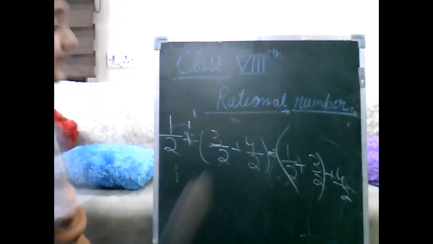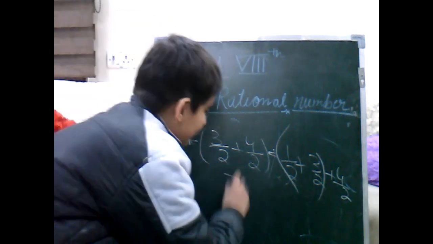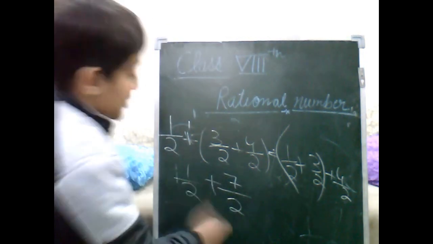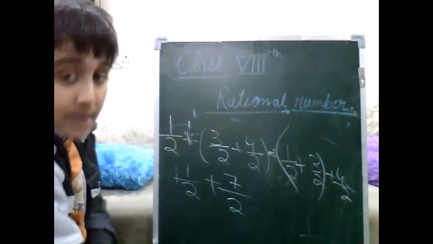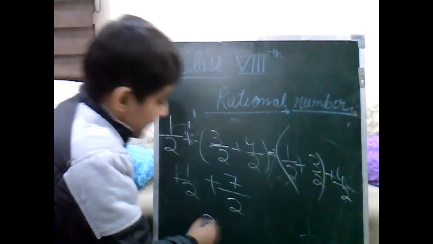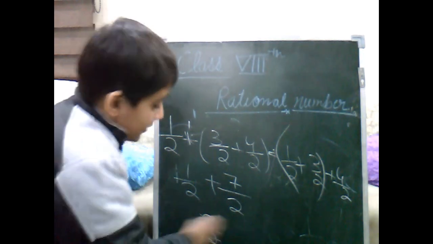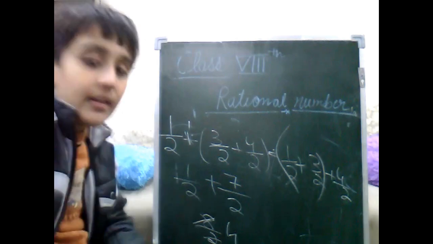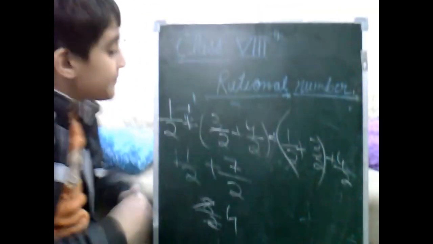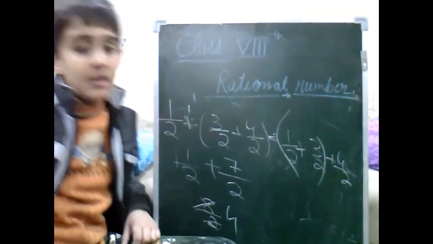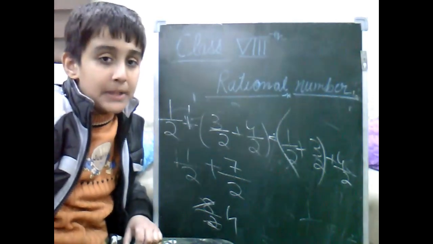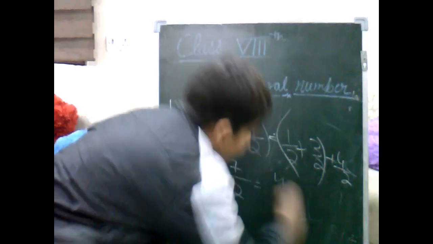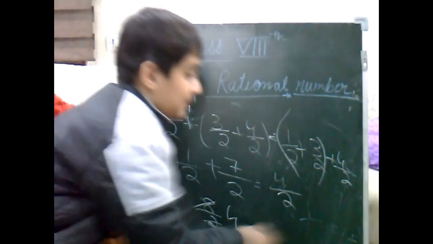4 plus 3, what is that? 7. So 7 upon 2 plus 1 upon 2. So as the bracket is opened, 7 plus 1 is 8. 8 upon 2. So let's cross it. It will come 4. Now let's solve this part. So what is 3 plus 1? 4. So it is equal to 4 upon 2 plus 4 upon 2.